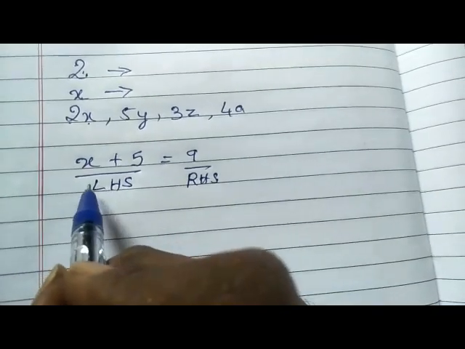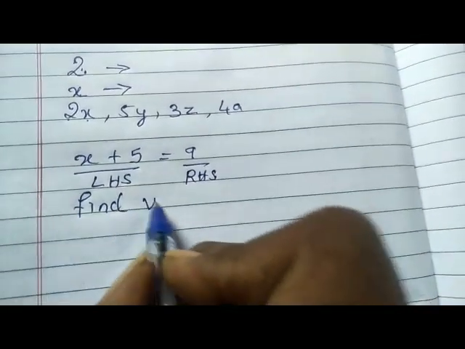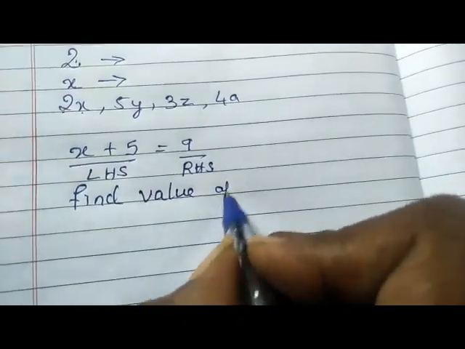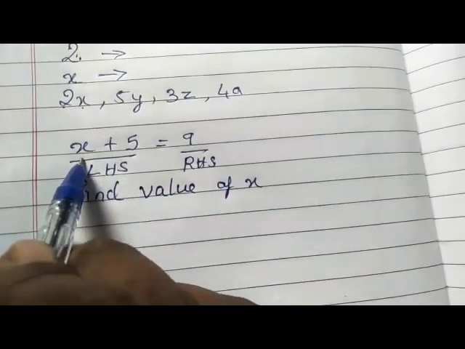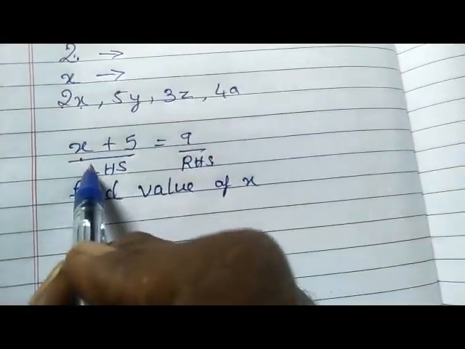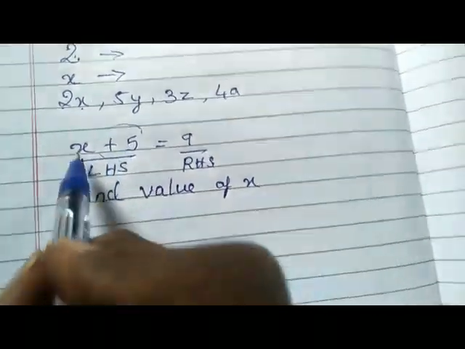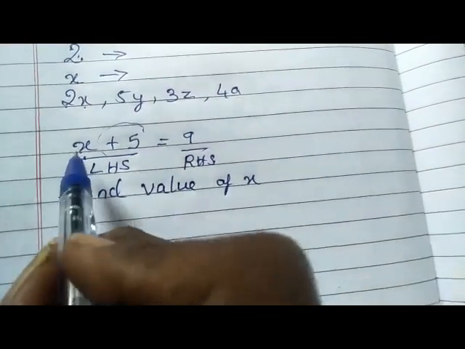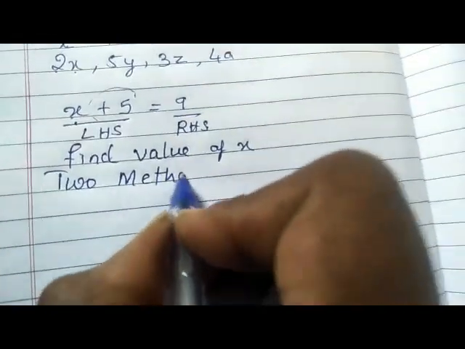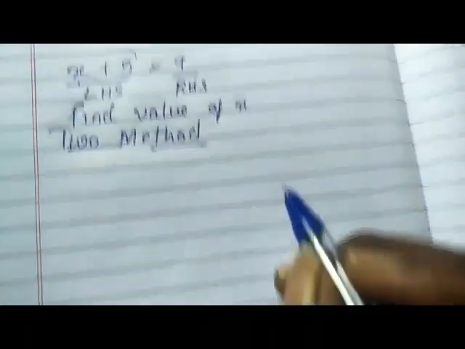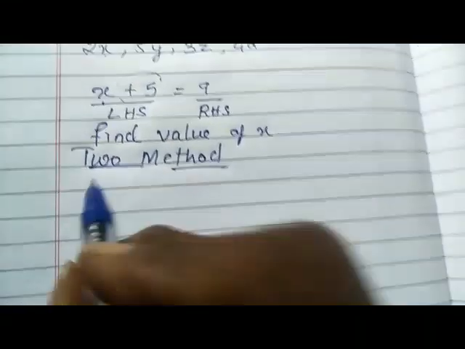Now from this left hand side, we want to find the value of x, this x. So on the left hand side, we have to remove this plus 5 so that you get the value of x. There are two methods for finding the value of x. Whichever is easy for you, you can do that method.